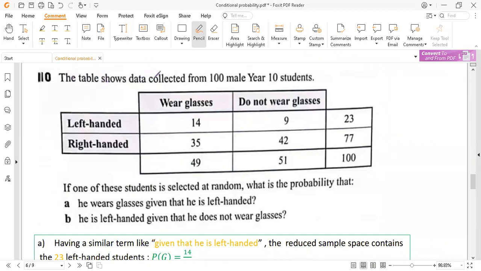The table shows data collected from 100 male year 10 students. Here we have 100 students, and we wanted to investigate two different subjects, maybe two independent subjects, though not always independent, like we explained before with the product rule.